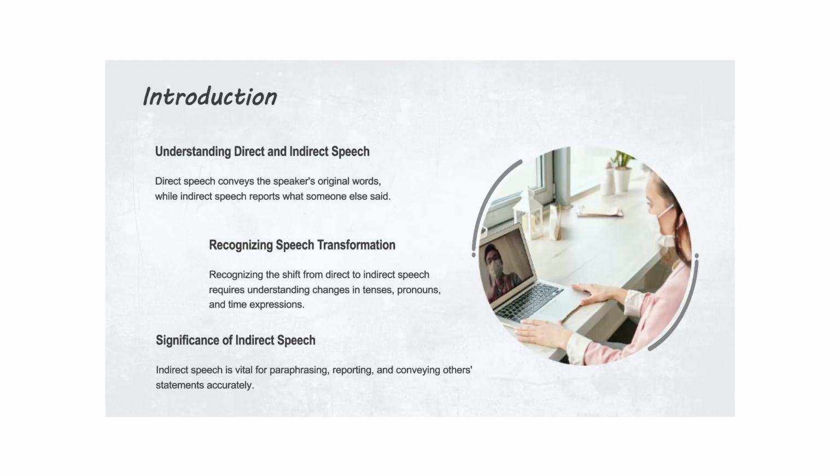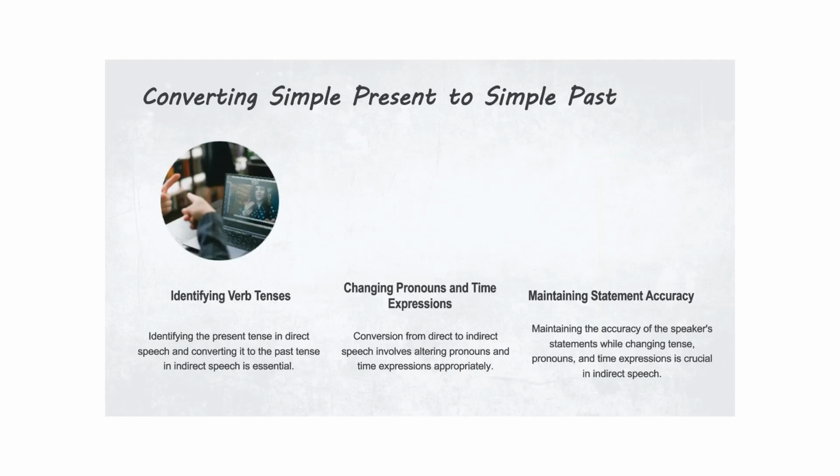Now, converting simple present to simple past. You need to identify the verb of the tenses. If the sentence is written in simple present, let's identify the present tense in direct speech and convert it to the past tense in indirect speech, which is essential.